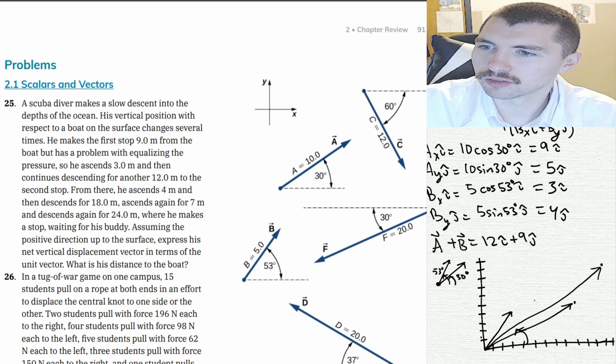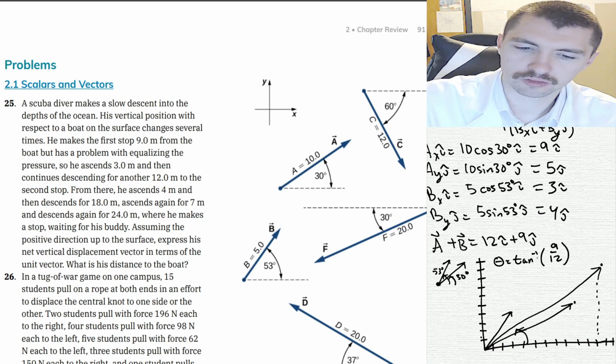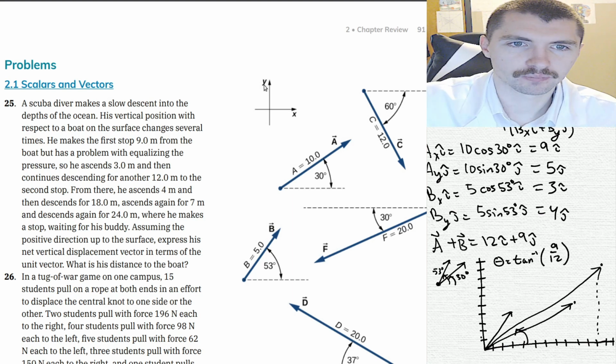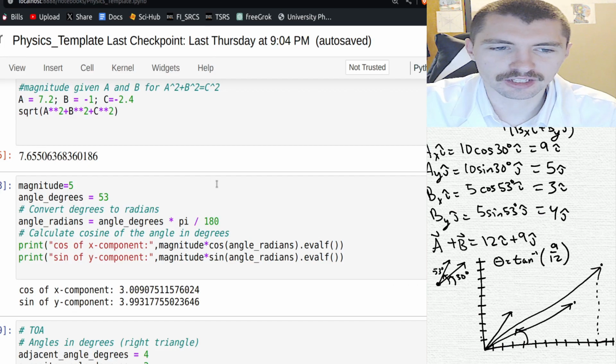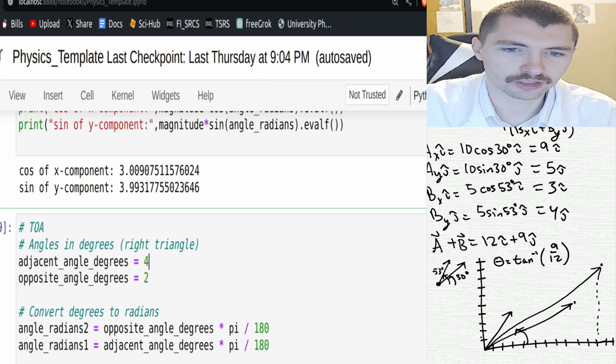So theta equals the inverse tangent of 9 over 12. I know it's not asking for degrees, but just to show that we can do it.